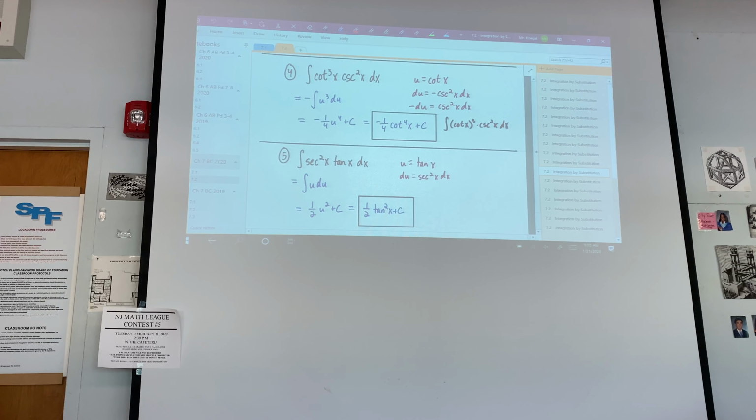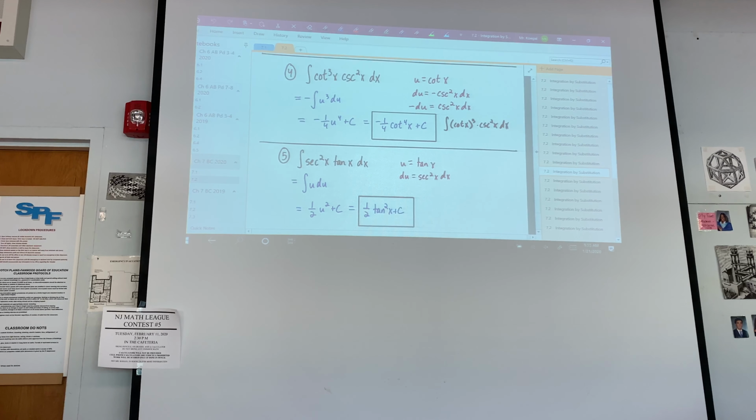Alright, 6. u is cotangent of x, du is the opposite of cosecant squared of x dx. I think we had some problems here maybe with some exponents when we were anti-differentiating, if I remember correctly from Friday. Just be careful with those little things.